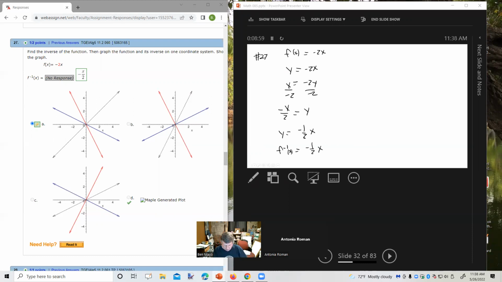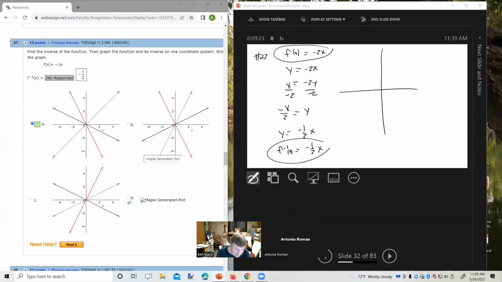So any questions about that first part? No. Okay, so now we want the graph where we're going to graph this and that. So f of x equals negative 2x.